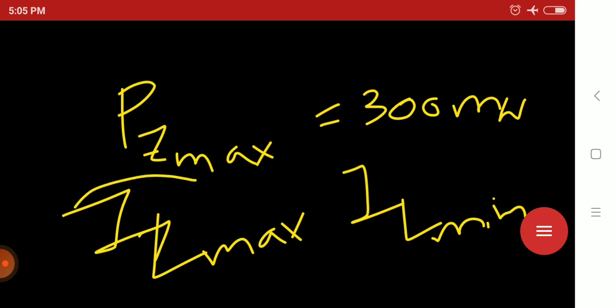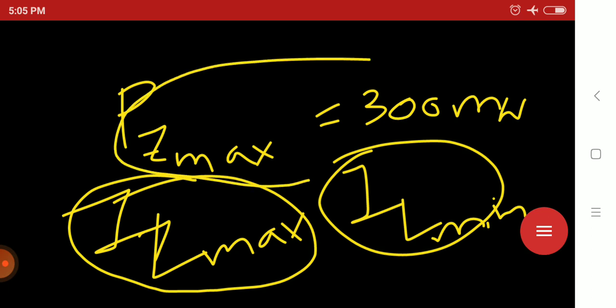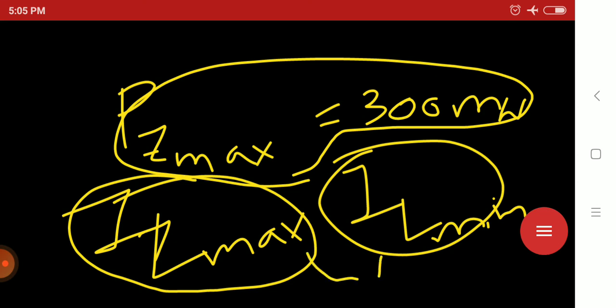That means what should be the maximum and minimum load current to keep within this allowed power dissipation of 300 milliwatt, that can be drawn safely from the circuit, keeping the output voltage V0 constant at 6 volt.